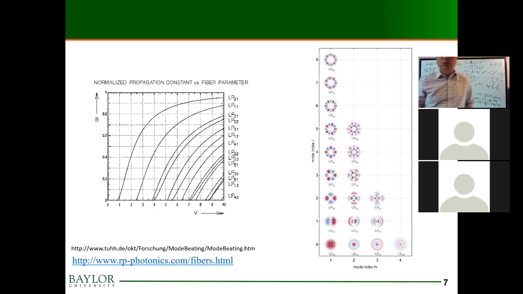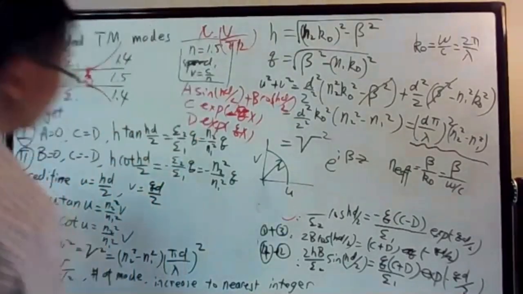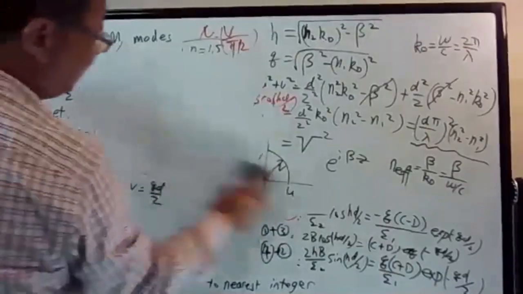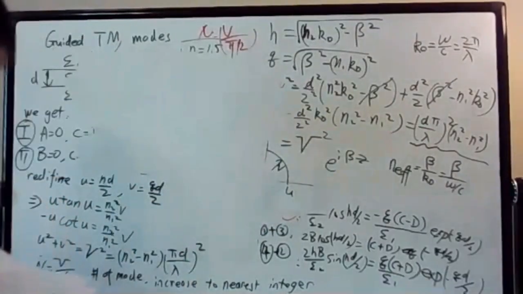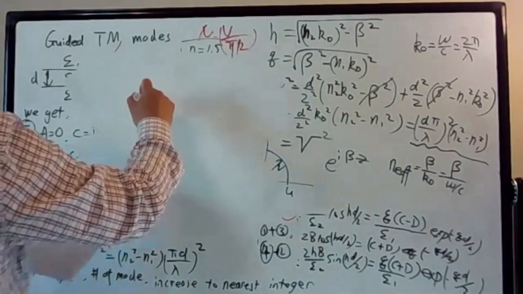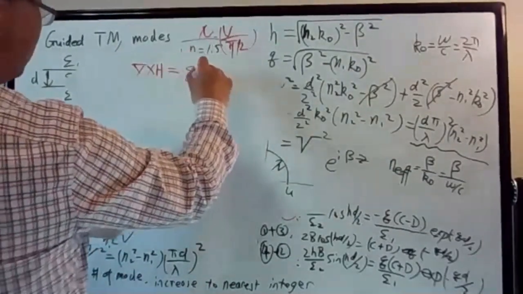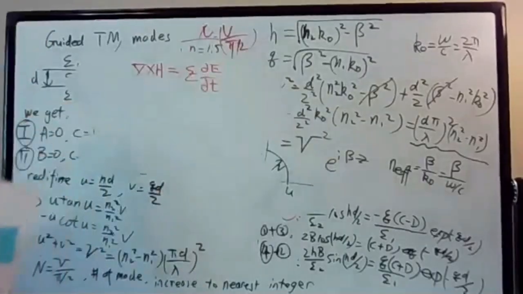At the end, I want to talk about one more thing, that the Maxwell equation is a linear function, right? It's a linear solution. So for example, the curl of H is epsilon partial E partial t, right?